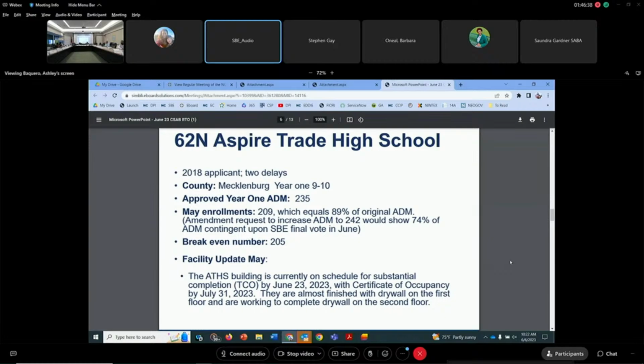So that was the one area still needing some tweaking in their RTO2, as well as their facility ECO.